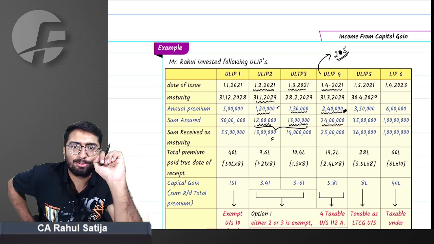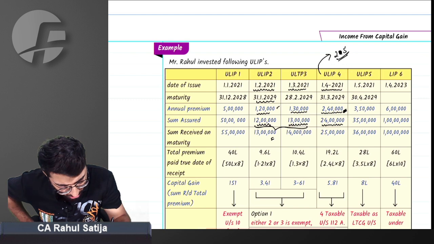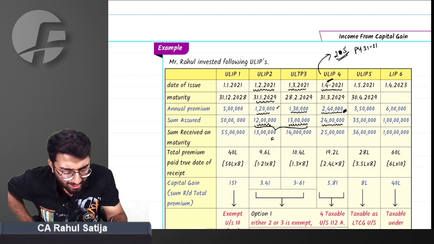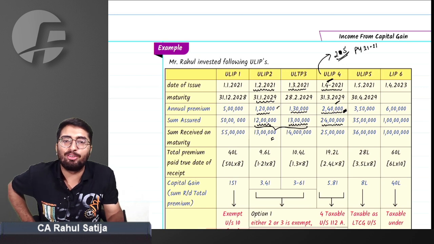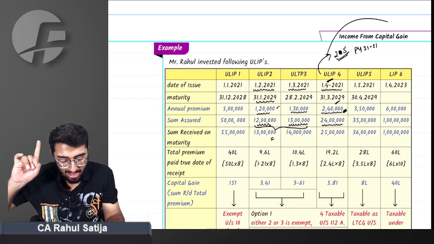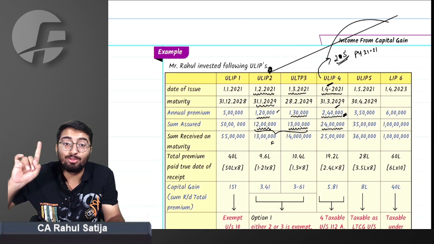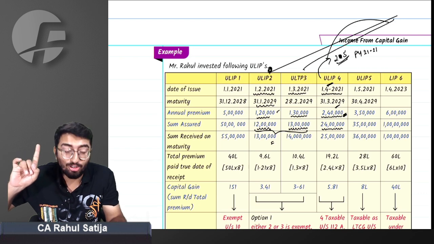You have to wait for that. What I am saying, just listen. In this financial year, previous year 21-22, in February, I am paying this installment of 2.4 lakh. But when February comes, I have to pay installment of this ULIP also, and this ULIP also.